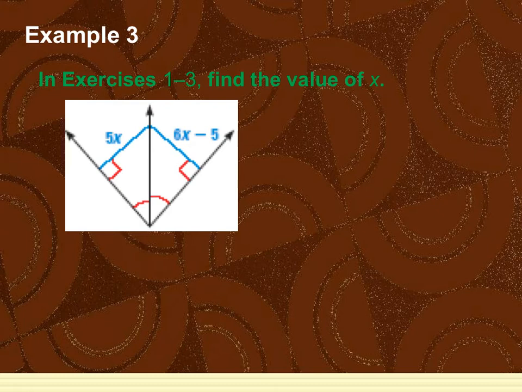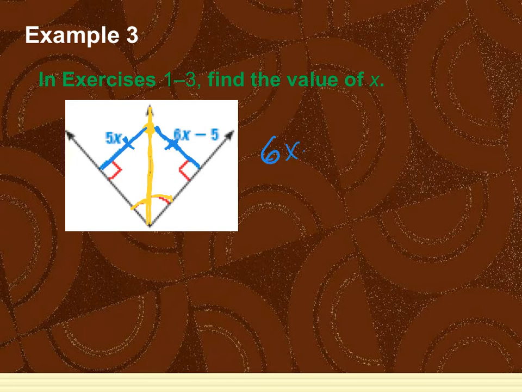Last but not least, I see that this is the angle bisector. I notice that because that angle is being bisected. Because it is being bisected, then this point is on the angle bisector. Therefore, it will always, always, always be equidistant from the sides. So, meaning those two pieces will definitely be congruent to each other.